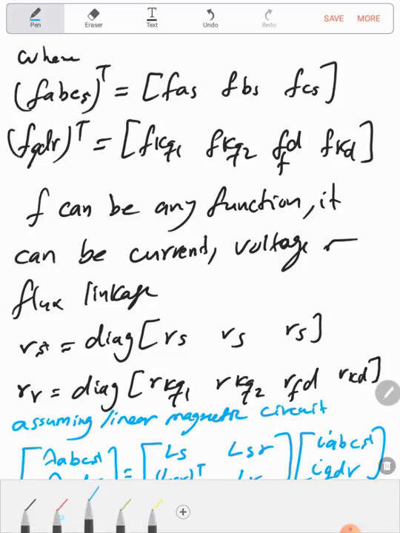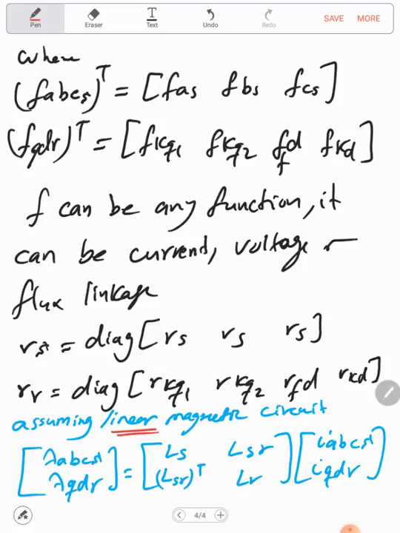Now remember, in a linear magnetic circuit we are assuming that the flux linkage can be written as Li.